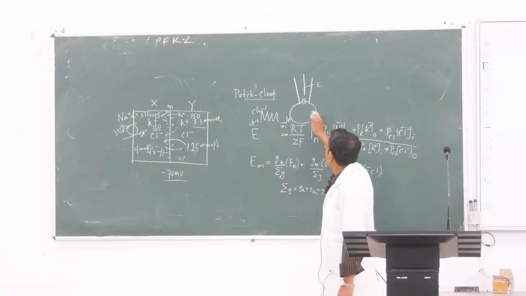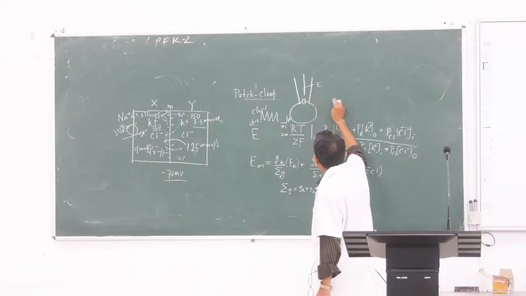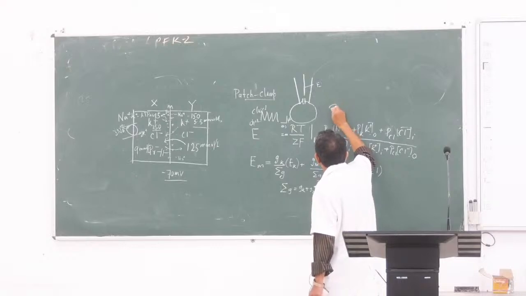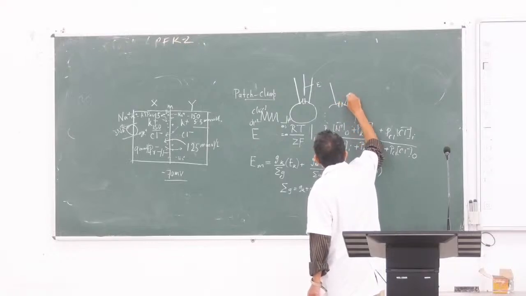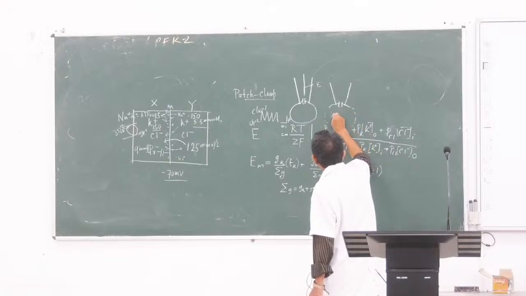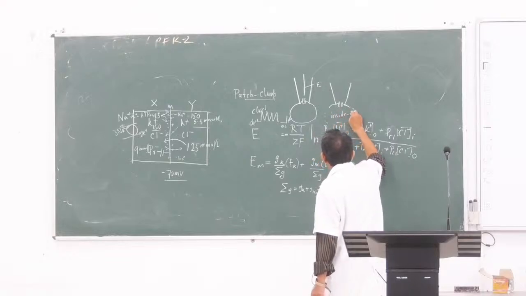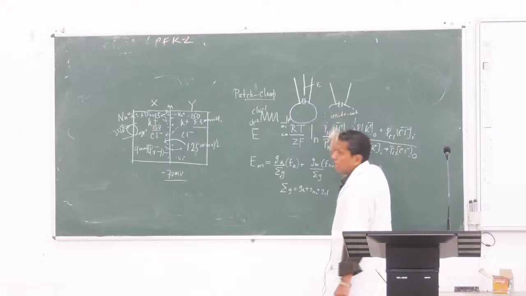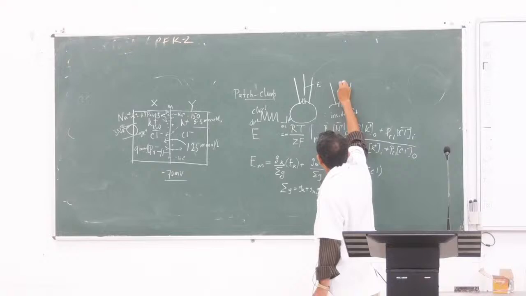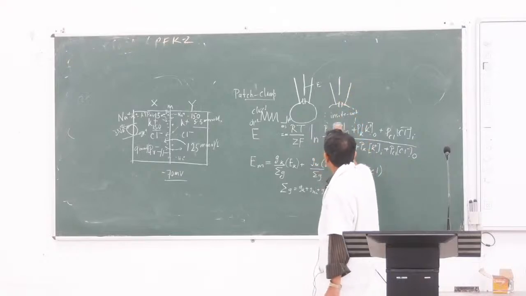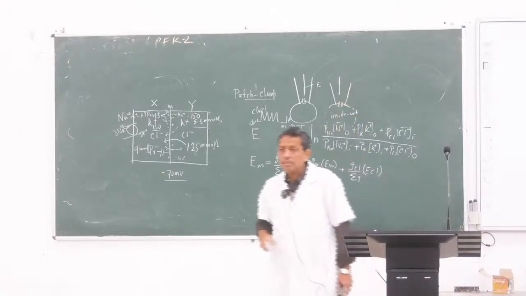Or it is possible to make it so that the membrane is disrupted. This is inside out, where the patch is ruptured from the cell. So this is the inside side, this is the outside side, and this is the electrode. This is the inside out patch clamp technique.